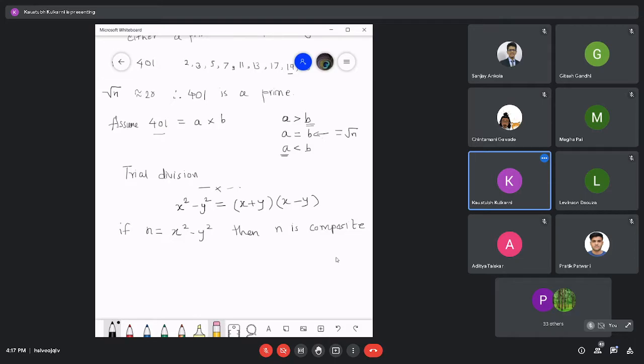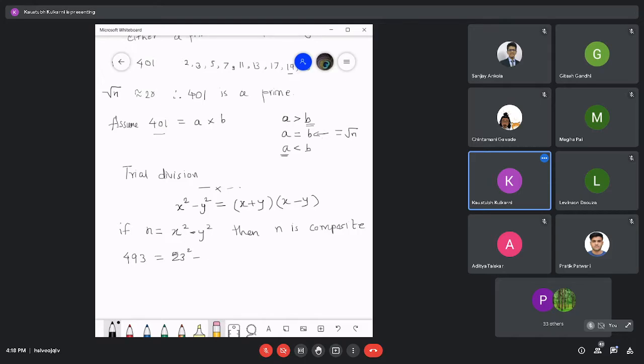Okay, so for example, if I say 493, so 493 is 23 square, which is 529, minus 6 square.